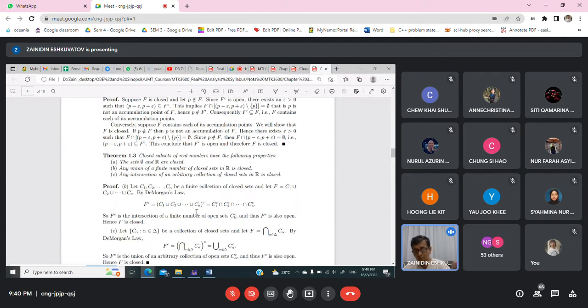Okay, very nice proof, because you know, C is a complement. The complement of the union is equal to the intersection of the complements of each set. You see here union. What is the name of this formula?